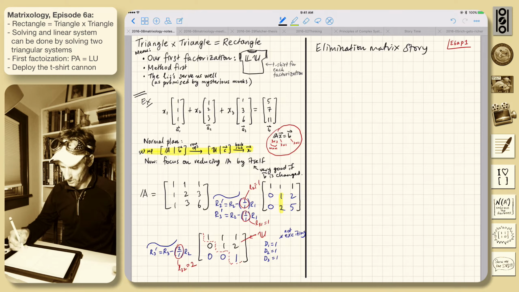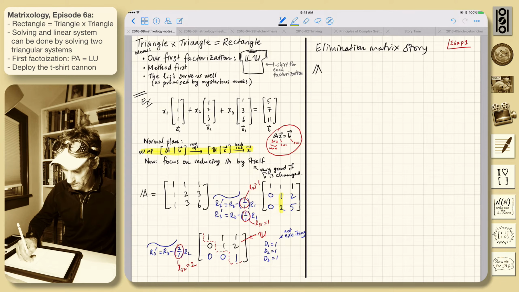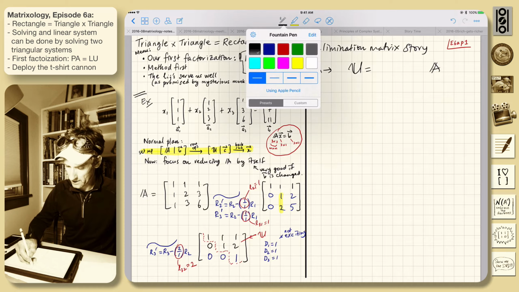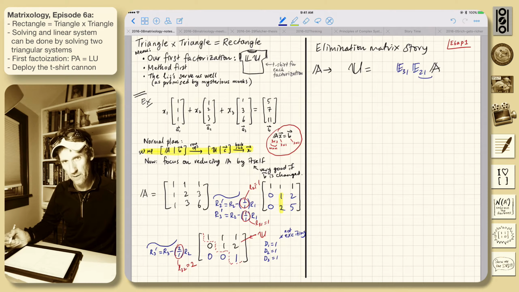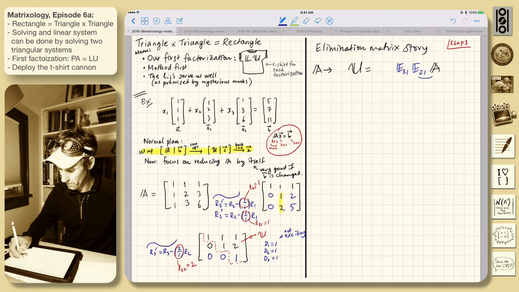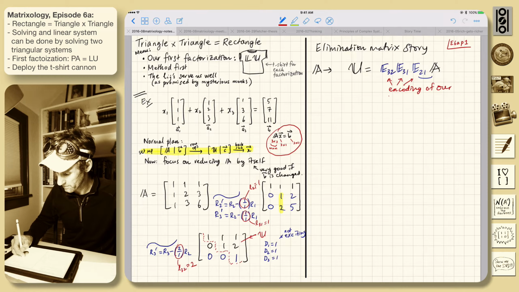So we took A and we made U, and U is equal to these row operations acting on A. The first one is E21. The second one, the order is reversed, because this one multiplies A first, and then E31 multiplies the product. So this is the encoding of our row operations as matrix multiplications.